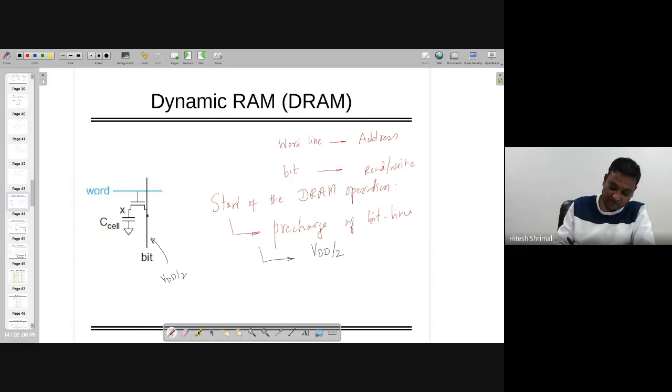Let's understand one more thing: because of so many transistors, you are going to have one big capacitor over here whose name is CBIT. And the capacitor on which we are going to write or read the data is the C cell.